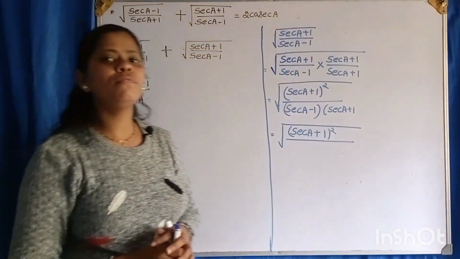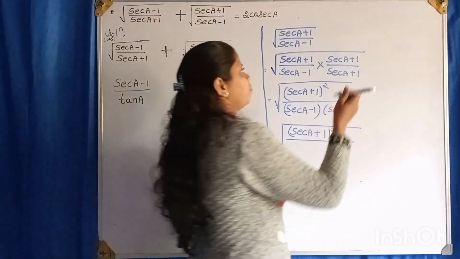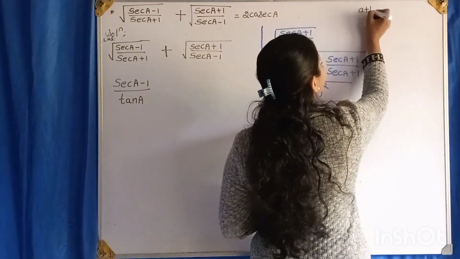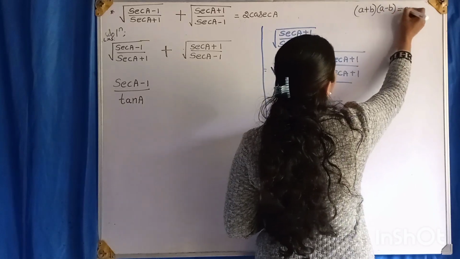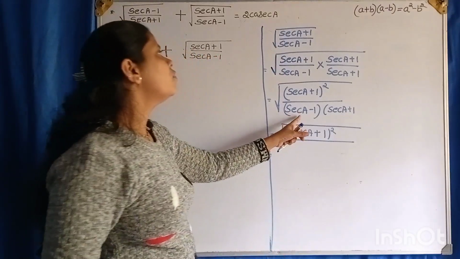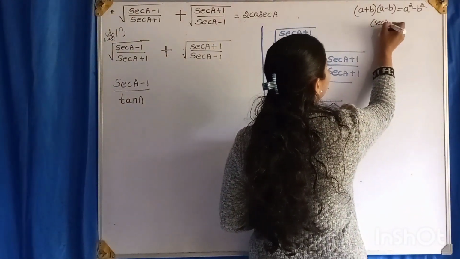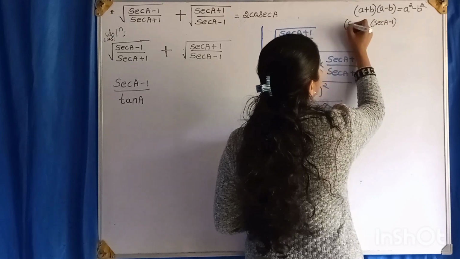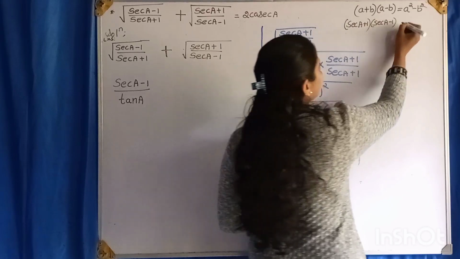It is in the form of A plus B into A minus B. We know the formula: A plus B into A minus B is equal to A square minus B square. Therefore, secant A minus 1 into secant A plus 1, we can write it as what?